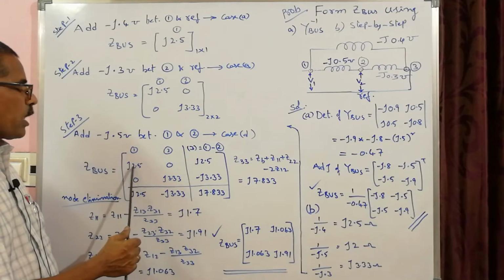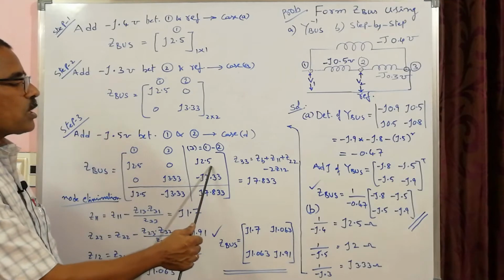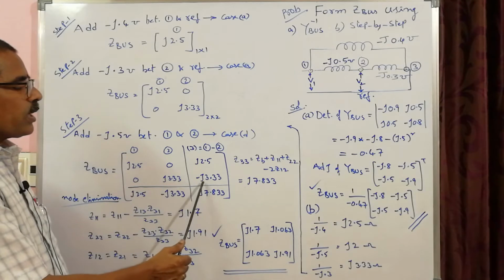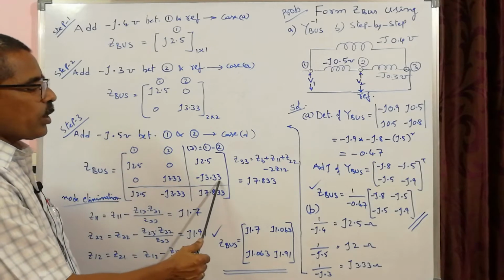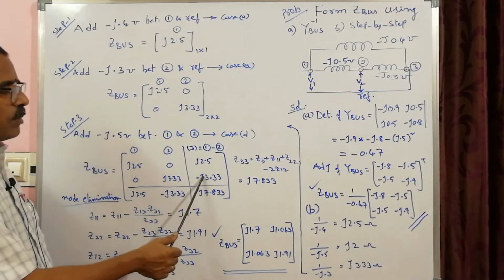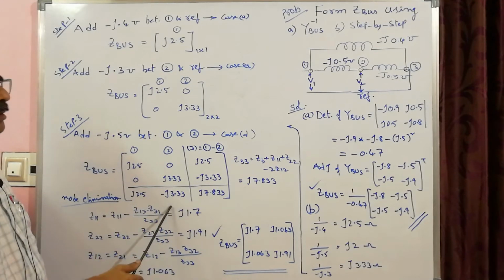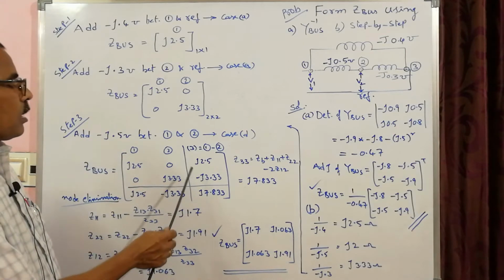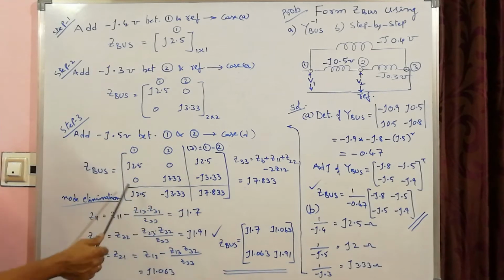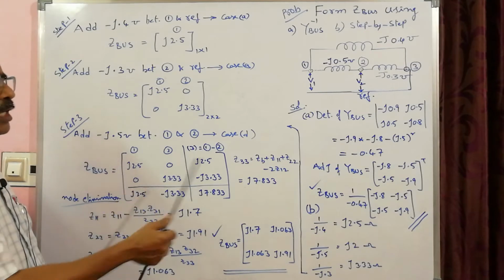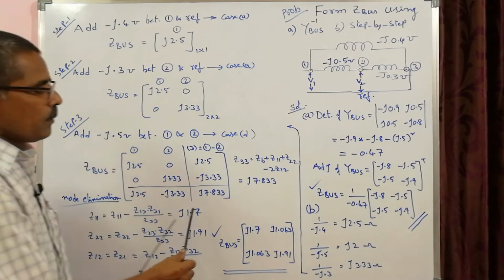1 minus 2, J 2.5 minus 0, which is J 2.5, 0 minus J 3.33, that gives you minus J 3.33. And because it is symmetrical, I am writing this. Or you can even take the other way. Okay, this minus this, this minus this. Row wise or column wise differences.